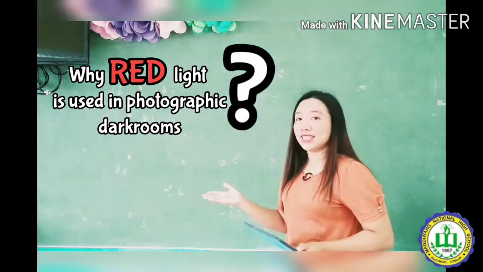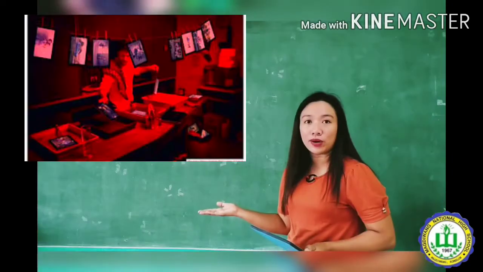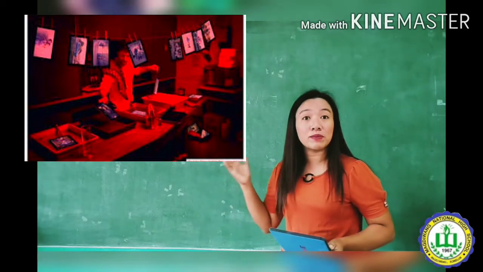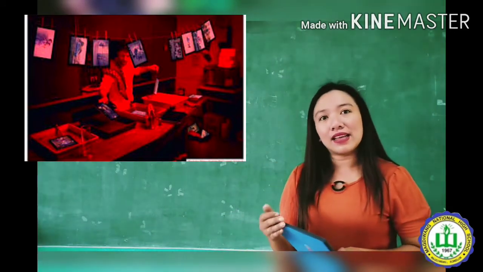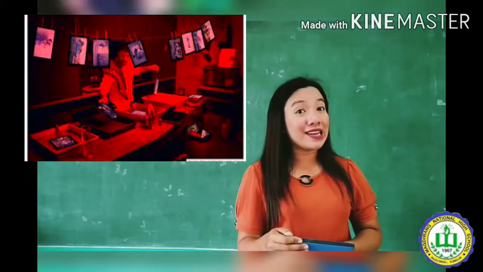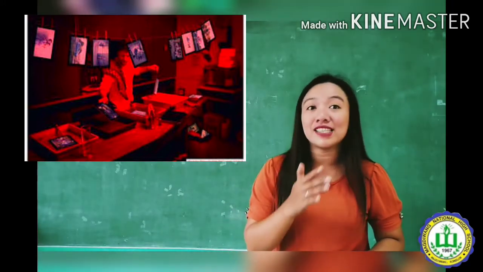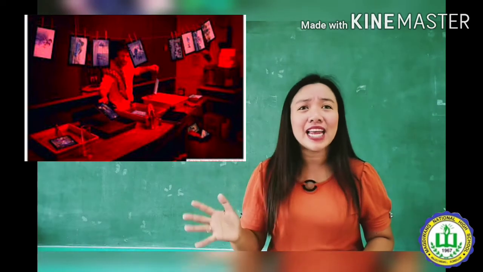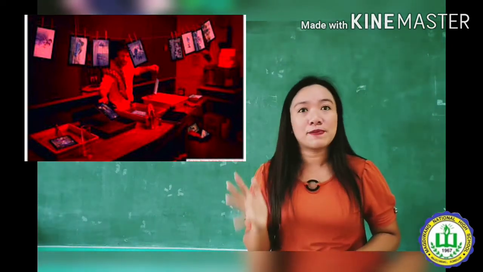Let's have the second question. Why is red light used in photographic darkrooms, just like this figure? Diba alam naman natin na yung mga nag-develop ng pictures natin, mostly yung may mga ganung business, gumagamit talaga sila ng kulay pulang ilaw. Diba? Darkrooms use red lighting to allow careful control of light to pass through so that photographic paper, which is very light sensitive, would not be overexposed.